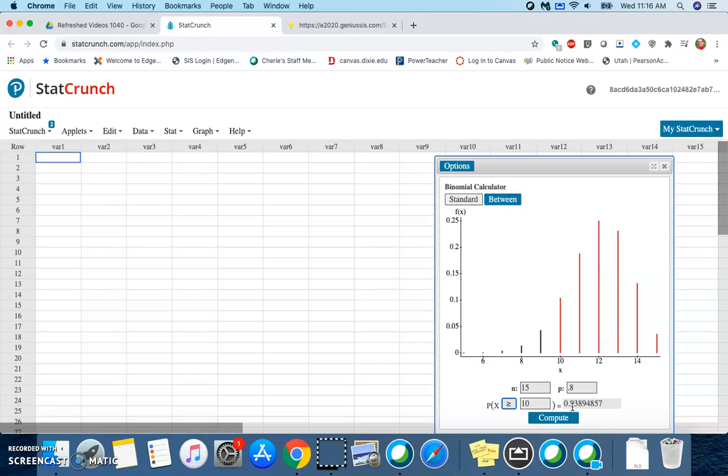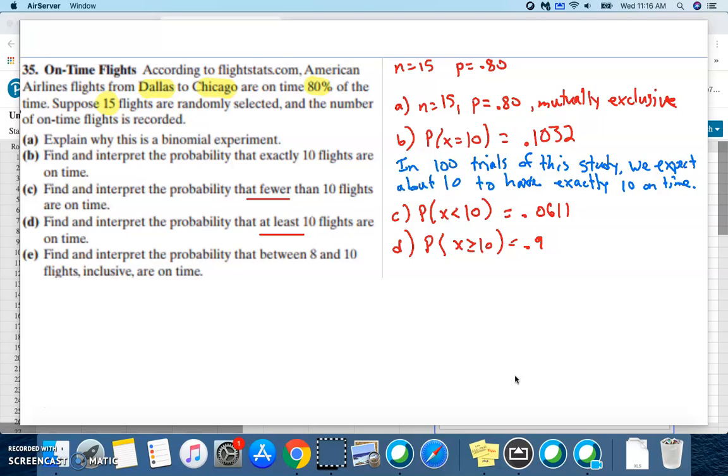Wow, I am just not on my game today. So again, in 100 trials of this study, we expect about 94, because that would round to 0.94, 94 to have at least 10 flights that are on time.